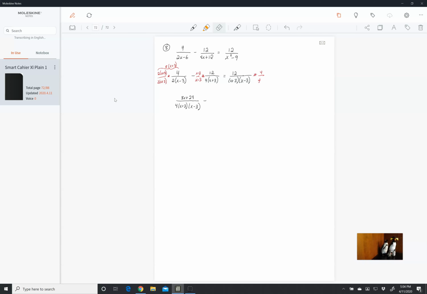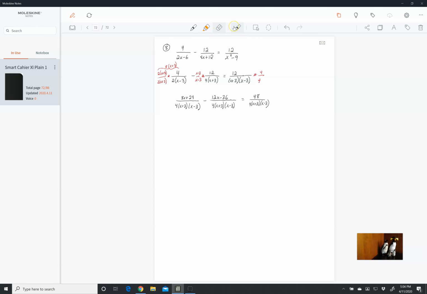And then minus, and this one, you have to distribute the 12, so we get a 12x minus 36. And then again, 4 times x plus 3 times x minus 3. And then equals 12 times 4 is 48, over 4 times x plus 3 times x minus 3.